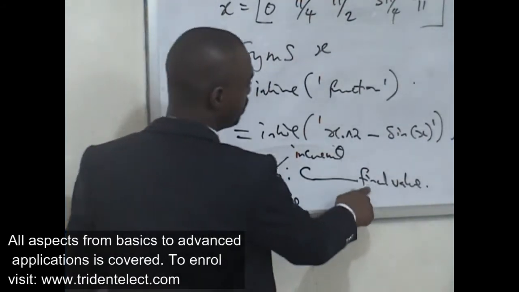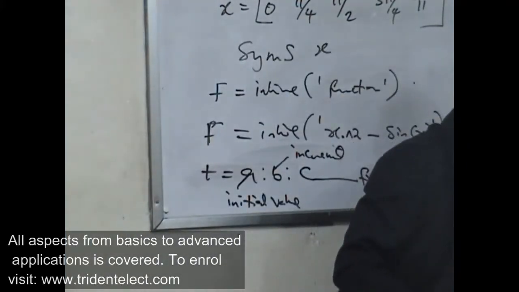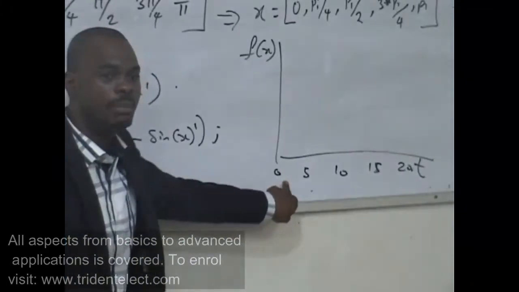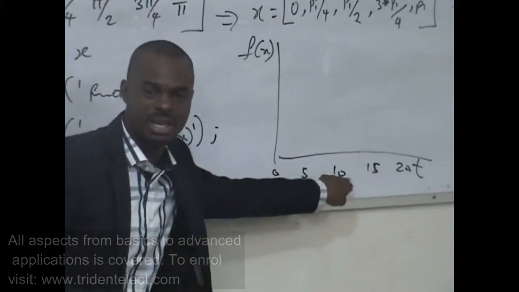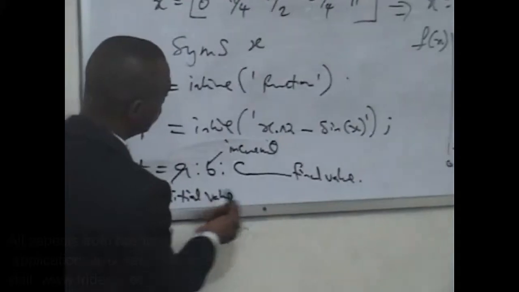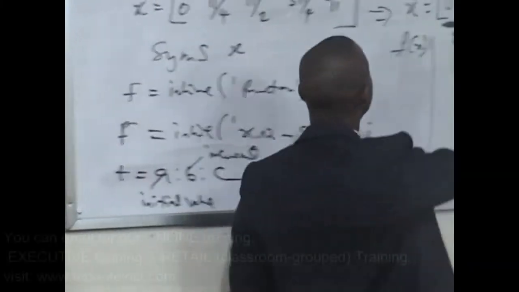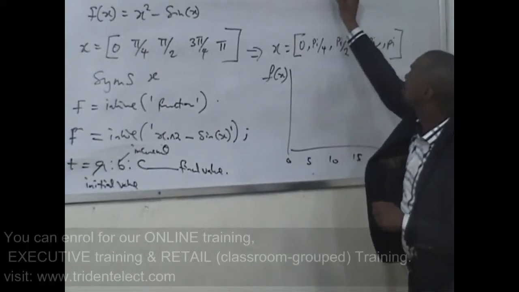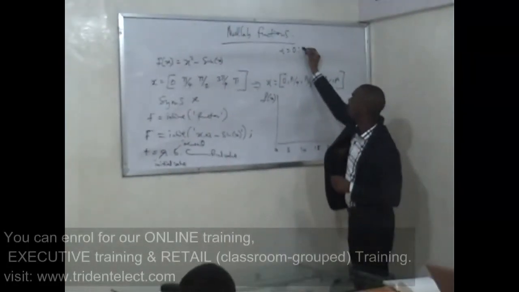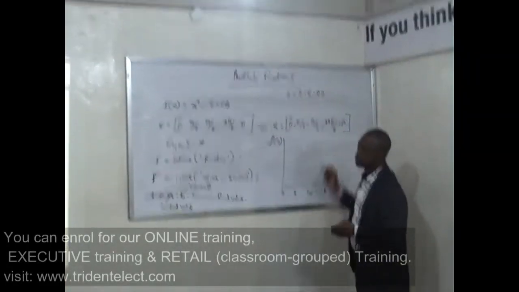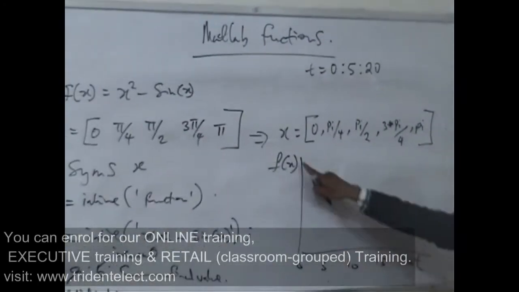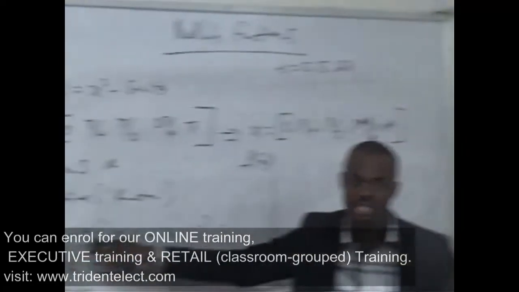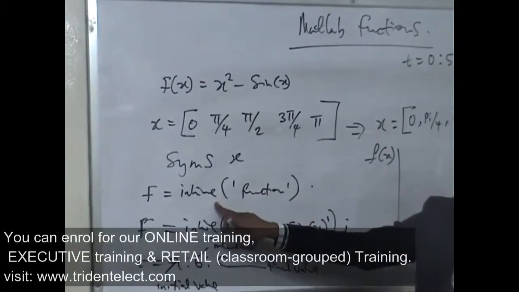In this case the final value is 20, the initial value is 0, and my increment is 5, 10, 15. So t is going to be equal to 0, 5, 20. And to plot f of x against t, f of x is the solution to this when this vector was inputted to the formula.